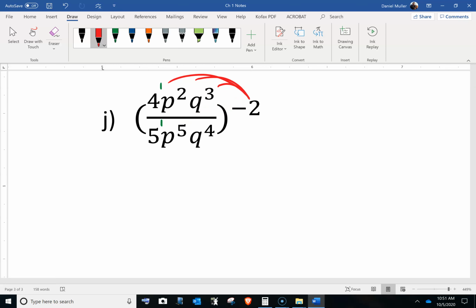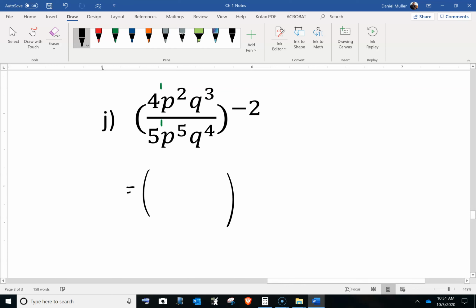There's multiple ways to do this. So what I'm actually going to do, and there's this rule, and it's a little bit of a trick, but we can take the whole fraction and we can flip it. So I'm going to write a 5 to the 1, a p to the 5, and a q to the 4. I'm going to write that on the numerator.